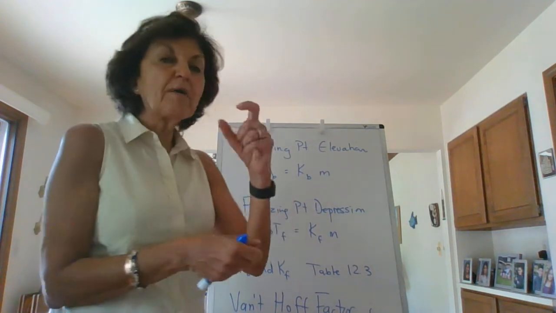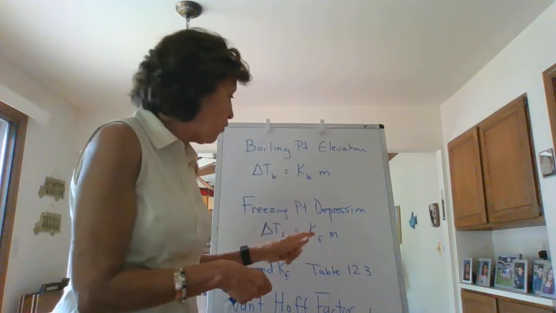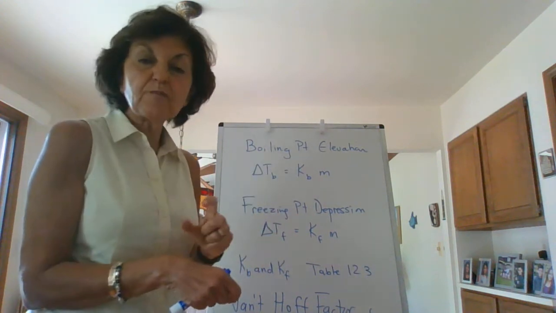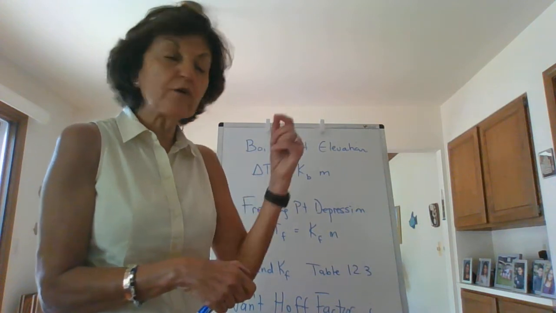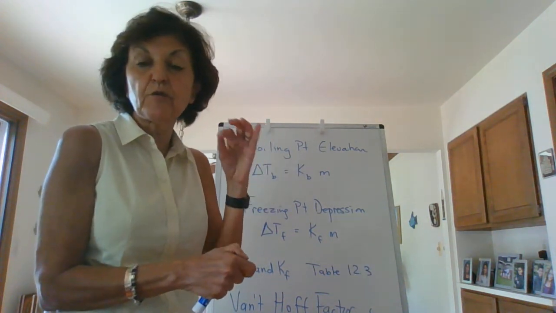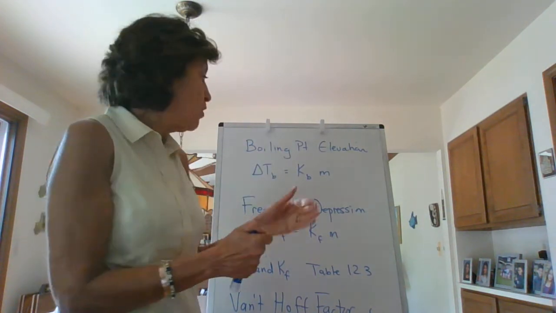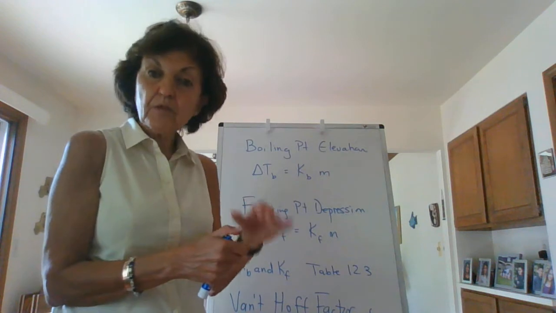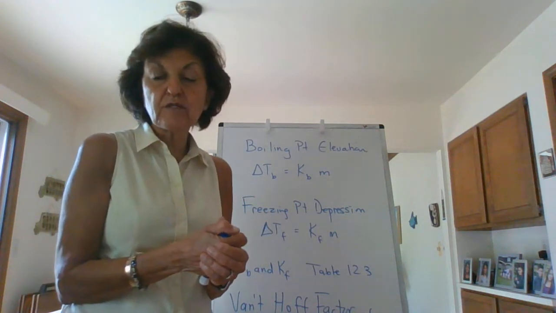That will give you by how much the boiling point will go up, or by how much the freezing point will go down. So in order to find the final boiling point, you have to add that amount to the original boiling point of the pure solvent to get the boiling point of the solution, or subtract that from the pure solvent freezing point to get the freezing point of the solution.